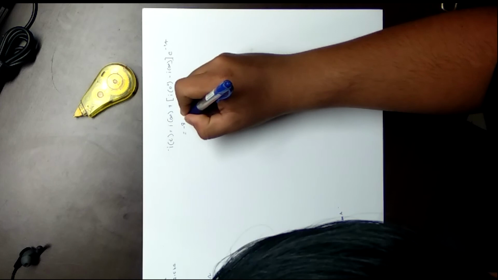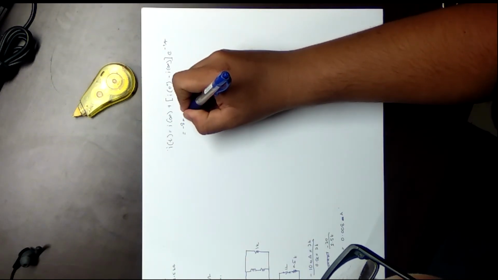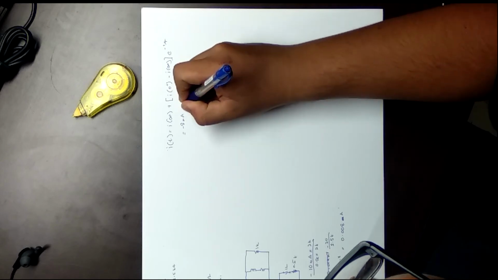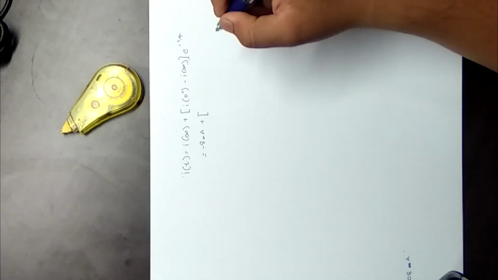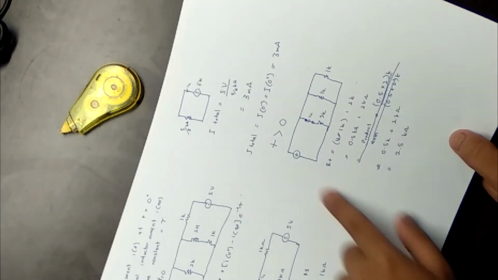I infinity is negative 8 milliampere, plus the bracket of I(0), which we also got as 3 milliampere.